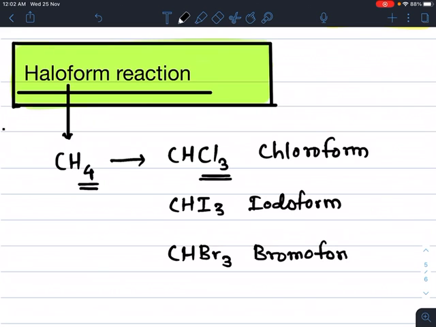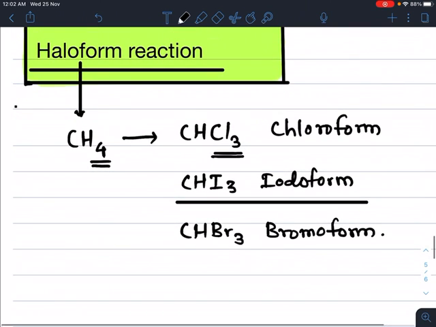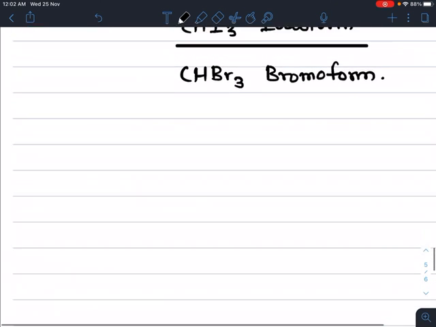Of these 3 haloforms, iodoform is the most important. So we will study the preparation of iodoform by the haloform reaction. So what is a haloform reaction?